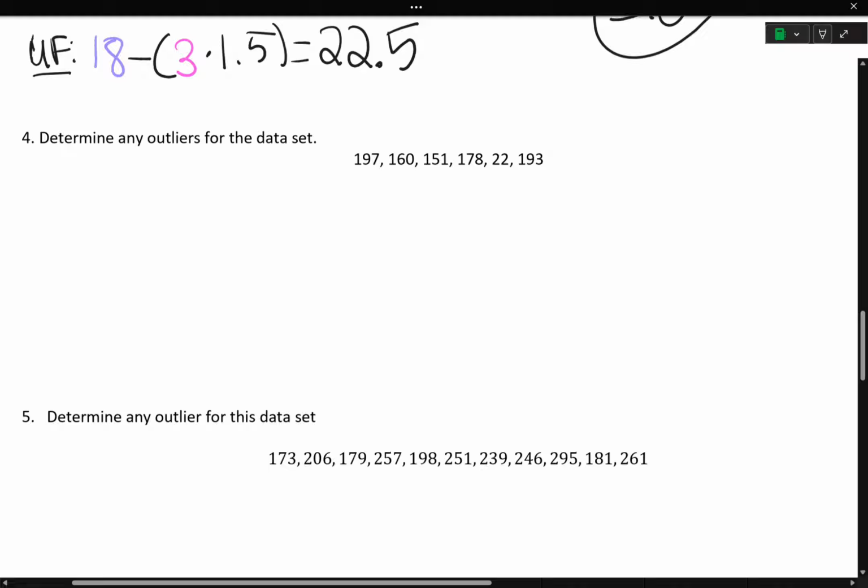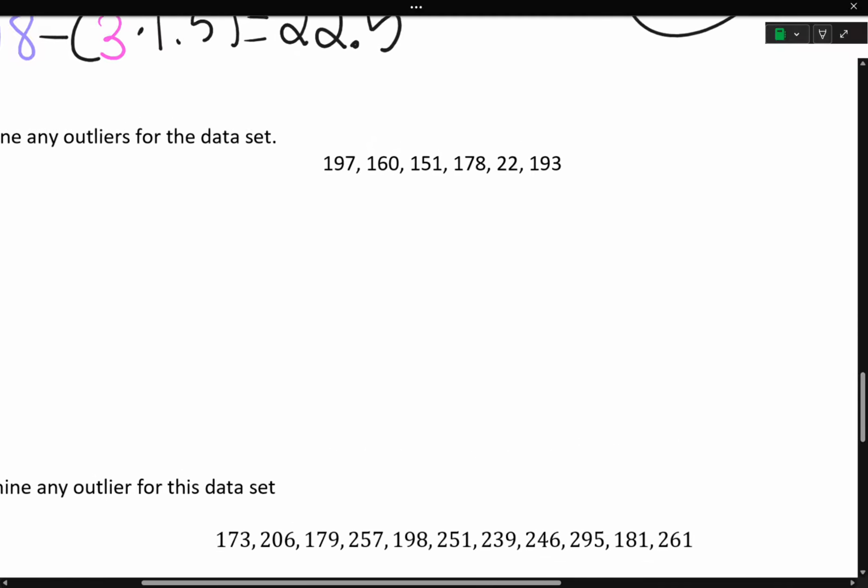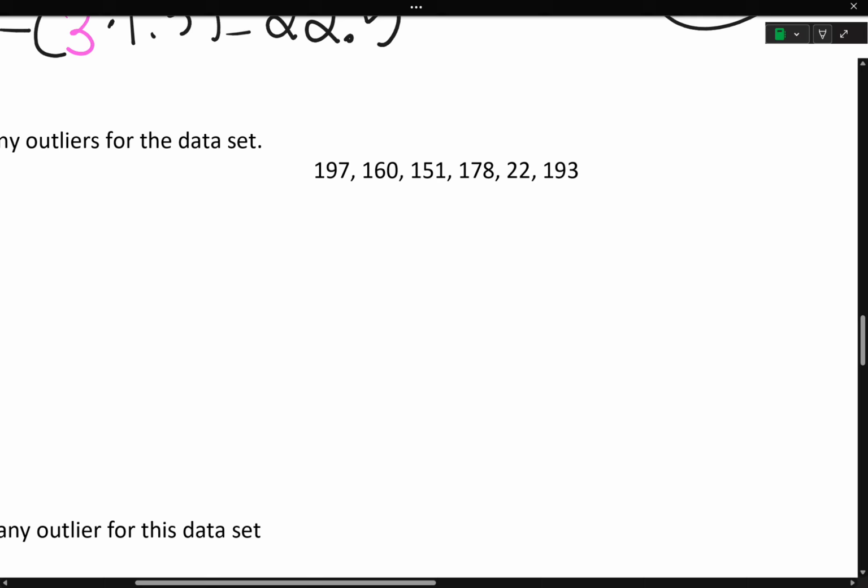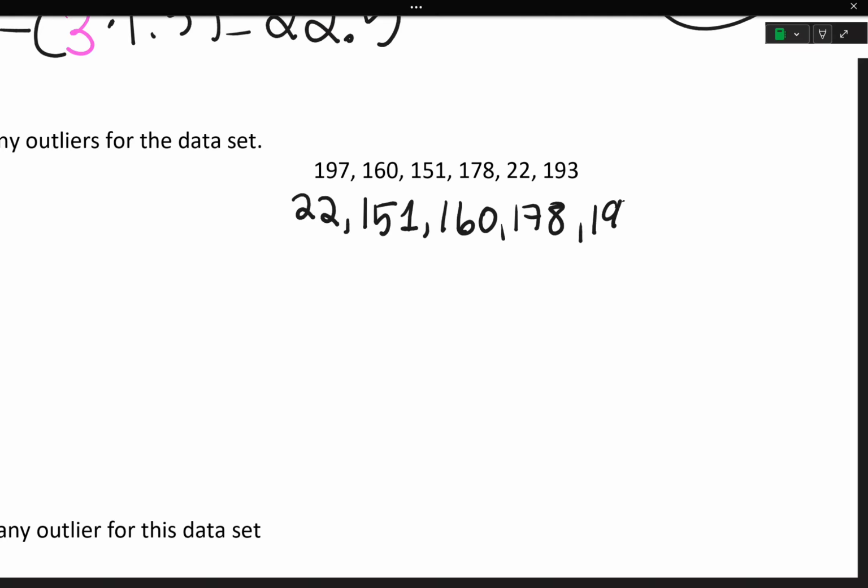Let's do the same in number 4. Before we even consider the formulas, we need to rearrange our numbers from smallest to largest. This is important whenever you're looking for anything related to medians. All right, I have 6 numbers here.